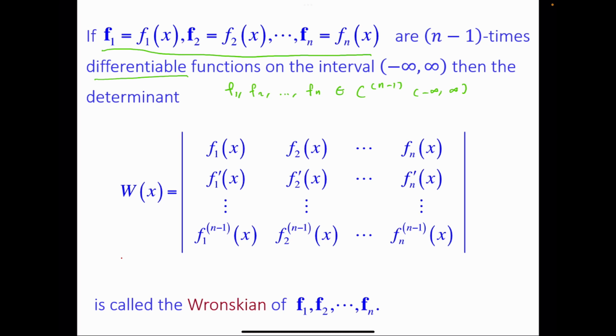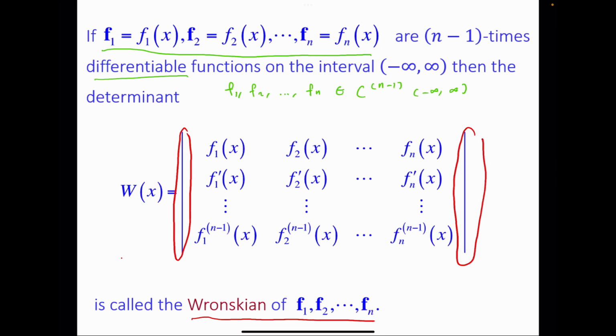Alright. So there is a term called the Wronskian of these vectors. The Wronskian of these vectors is the determinant of a matrix where the entries are given as follows.